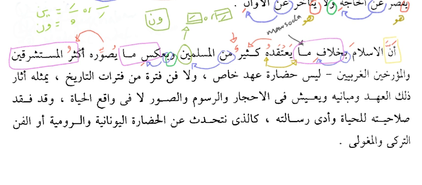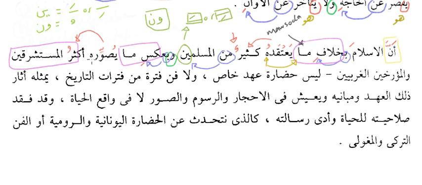So here you have aktharul, and because this is mudaf and this word is mudaf ilayhi, normally we would have a kasra here. A kasra is represented by ya and noon, so we have ya and noon in place of that kasra. So aktharul mustashriqeen, this is the fa'il of yusawwiruhu.